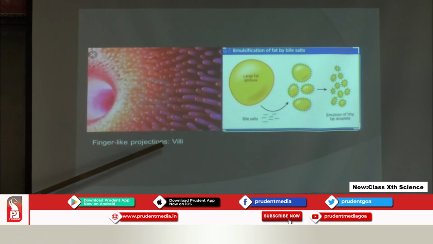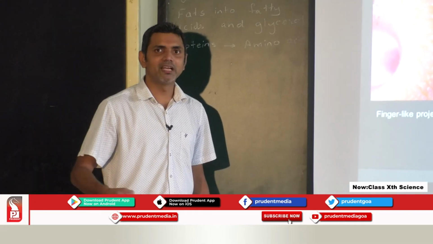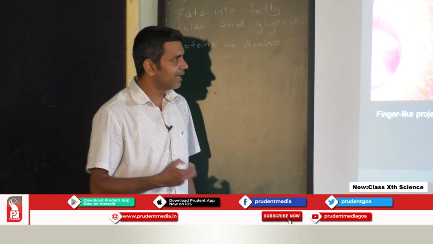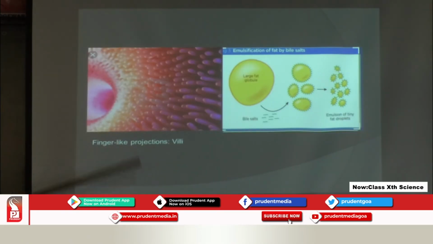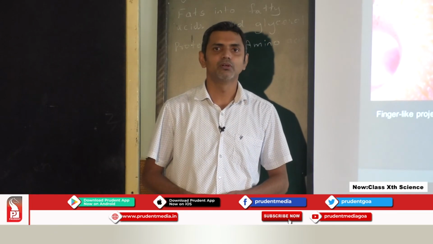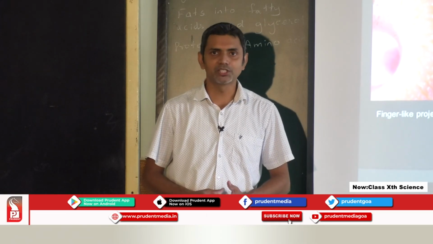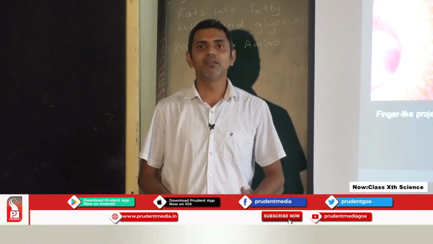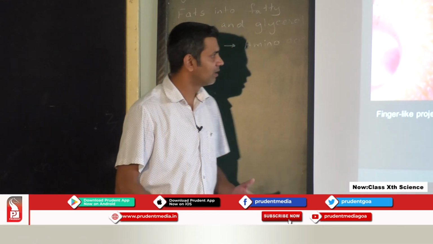These villi are richly supplied with blood vessels, and those blood vessels carry the digested food to the required part or place. That digested food can be used to produce energy, to repair tissue, and to build new tissue.